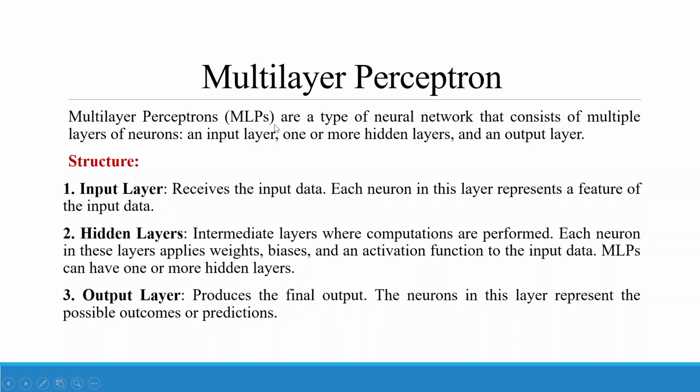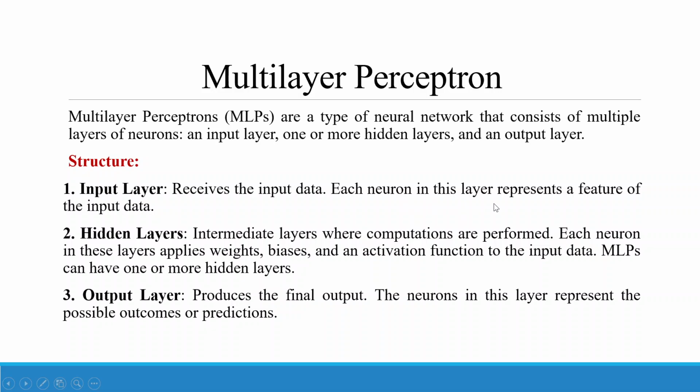Now we have two types of neural network. One is the multi-layer perceptron and another is the radial basis function. So we start with multi-layer perceptrons. Multi-layer perceptrons are a type of neural network that consists of multiple layers of neurons: an input layer, one or more hidden layers and an output layer. Structure. The input layer receives the input data.